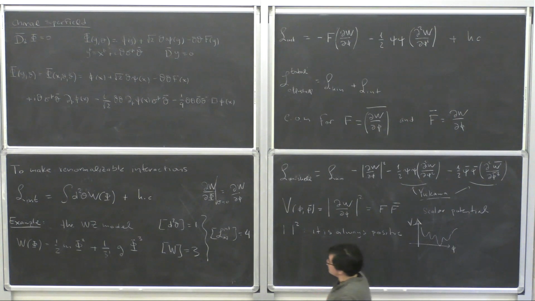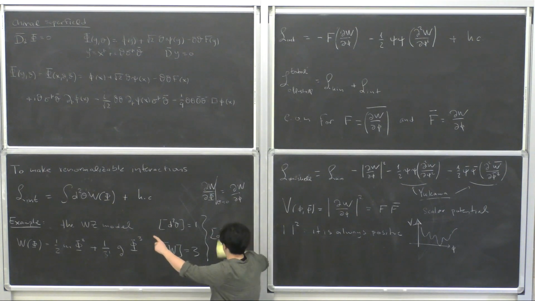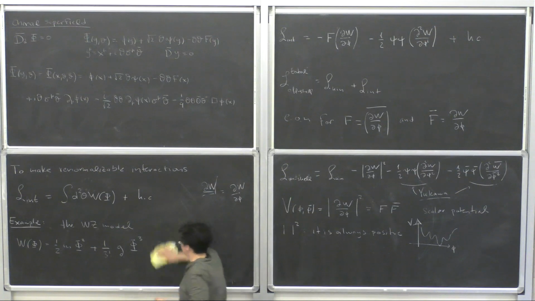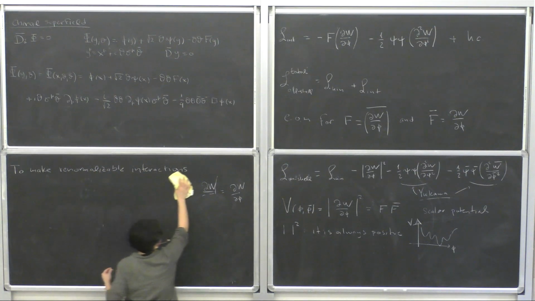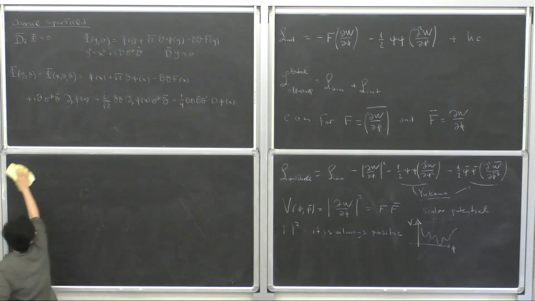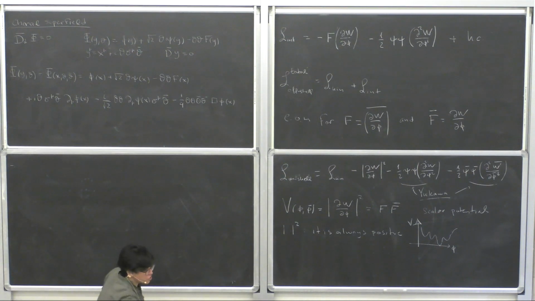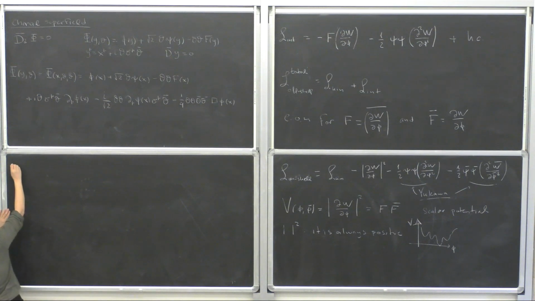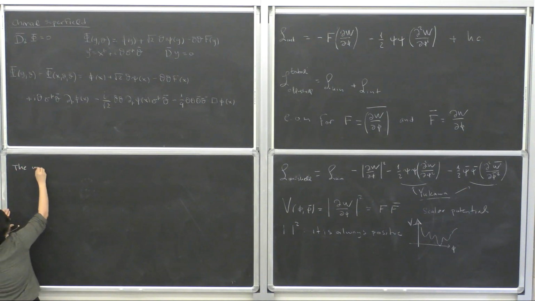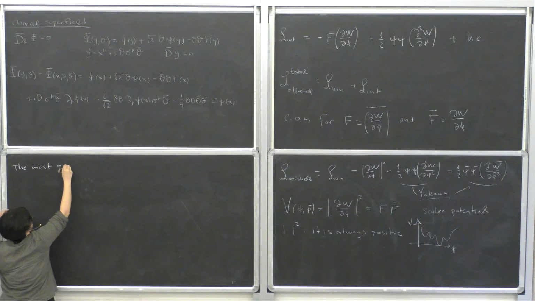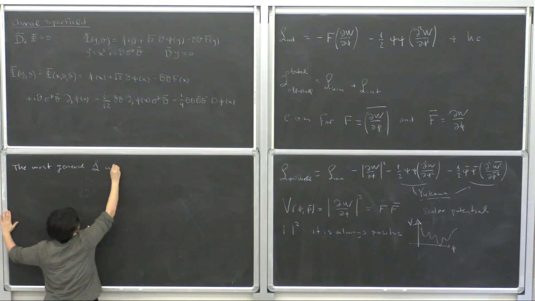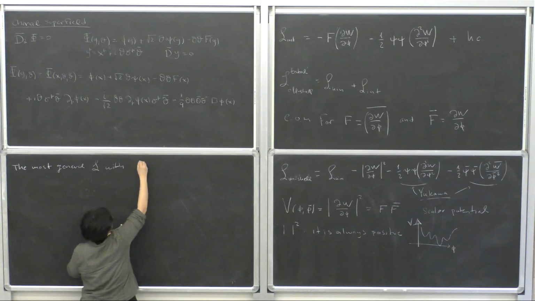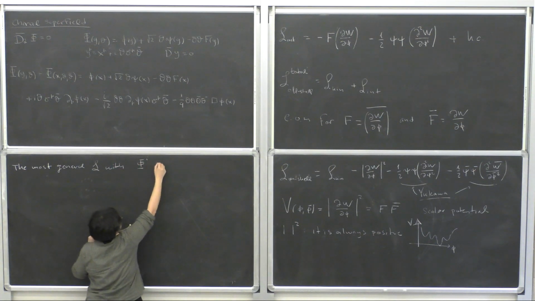And also, as we said before, when I made these comments that there are these non-renormalizable things, you can go as crazy as you want. So you can make the most general Lagrangian with phi i's.